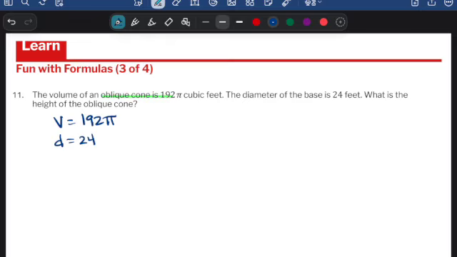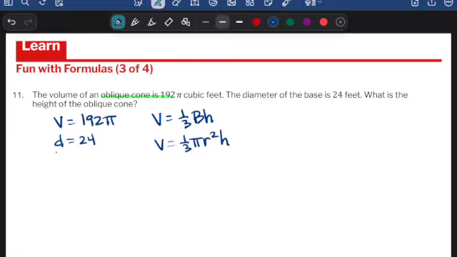So let's think, what is our formula for a cone? Volume equals 1/3 the area of the base times the height. And the area of the base, since it's a cone, will be 1/3 times pi r squared times height.